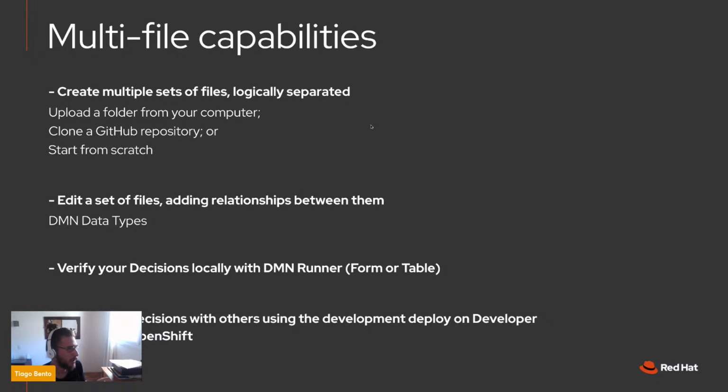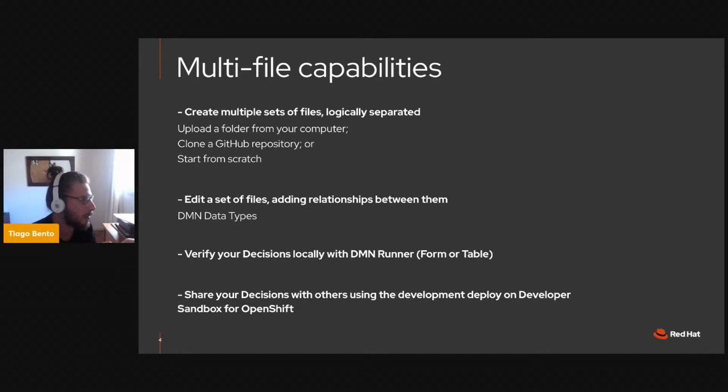Okay, so just a quick recap. The new KIE Sandbox allows you to create multiple sets of files that are separated logically, and you choose how to separate them. You can do it by uploading a folder from your computer, cloning a GitHub repo, or starting from scratch like I did in the demo.